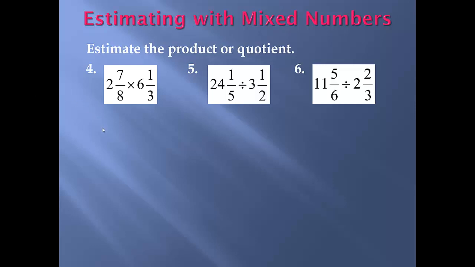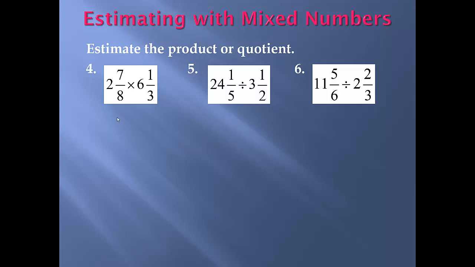So for number 4, I have 2 and 7/8 times 6 and 1/3. So for 7/8, what I want to figure out is what is the same thing as 1/2. Half of 8 is 4. So if my numerator, which is 7, is larger than 4 or equal to 4, then my 2 will go up to a 3.